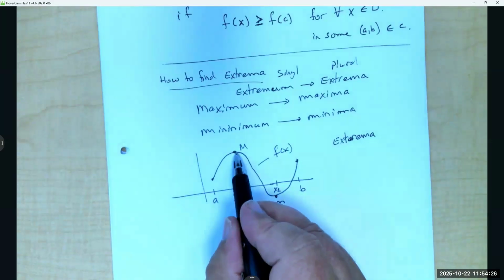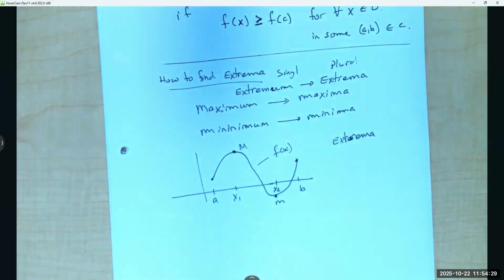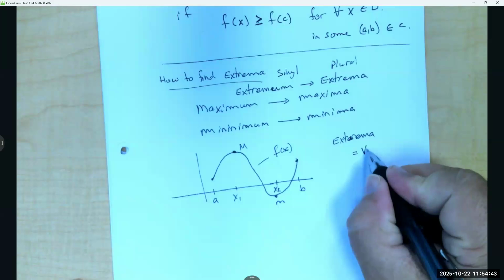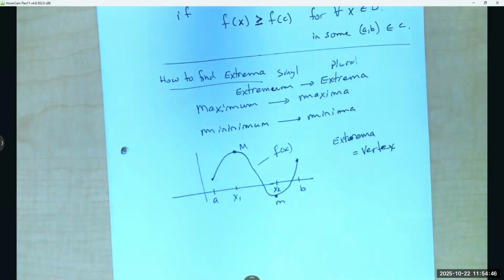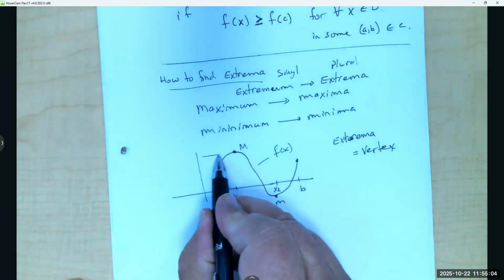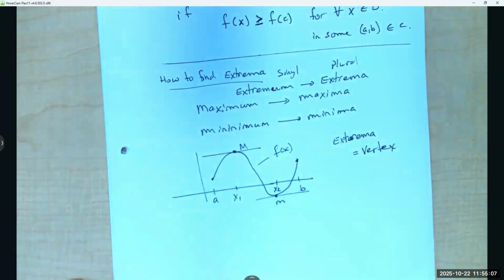Extrema, if you think about these, what do we call the point that's highest or lowest on a curve? What's another name for those? It's the vertex, the vertices. Since it's a vertex from algebra, what's the slope of the curve at the vertex? 0.